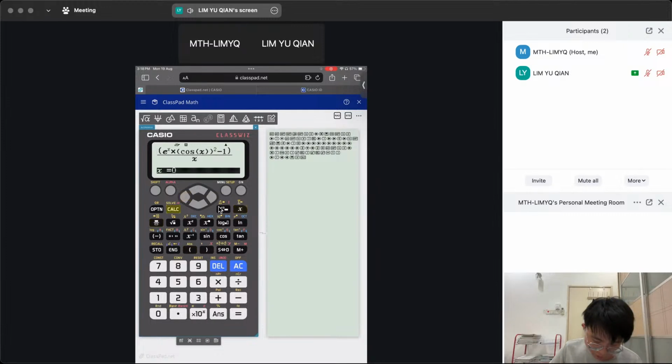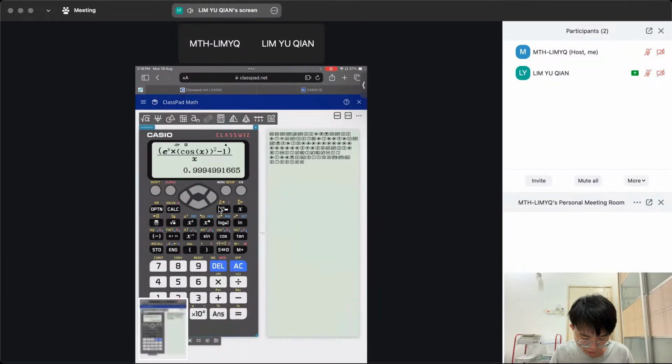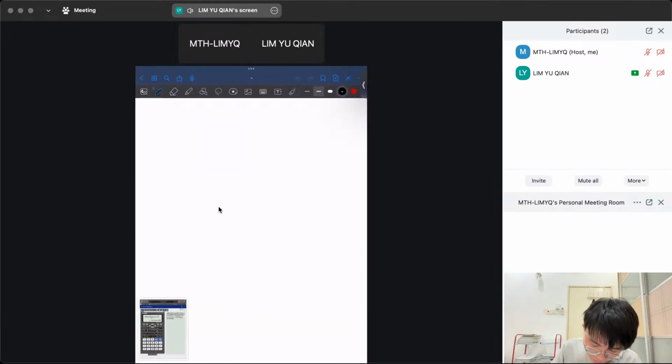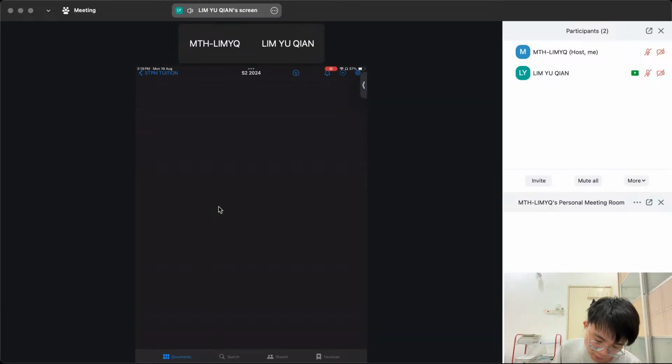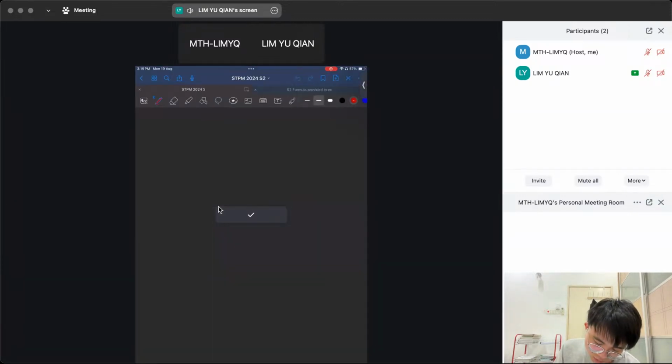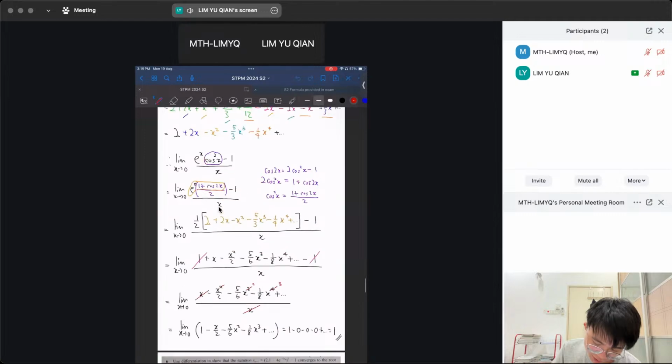Calculate some small x, let's say 0.1. It should be very close to 1. If you try some closer value, 0.001, you should get even closer to 1. So that is how you can check with your calculator.